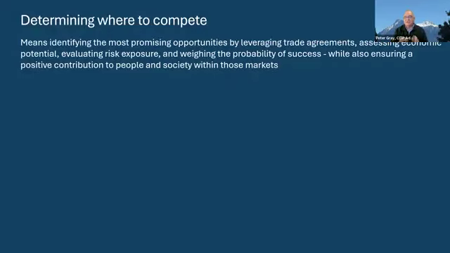So determining where to compete really means identifying the most promising opportunities by leveraging trade agreements, assessing economic potential, evaluating our risk exposure, and weighing the probability of success while also ensuring a positive contribution to the people and society within those markets.